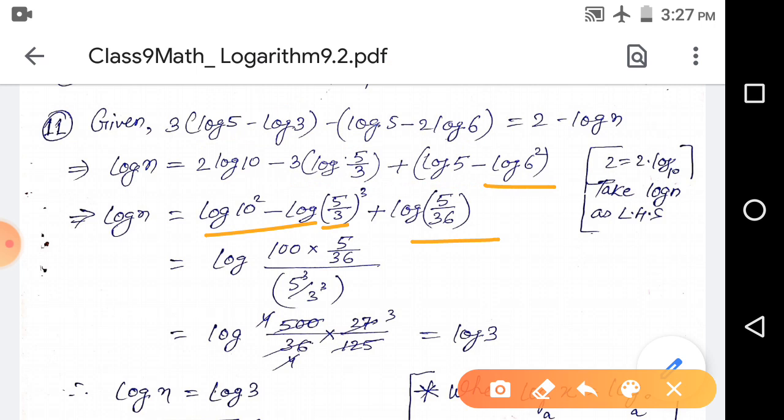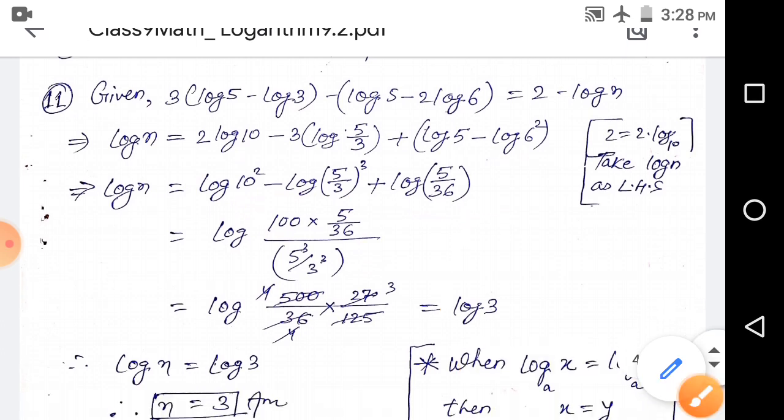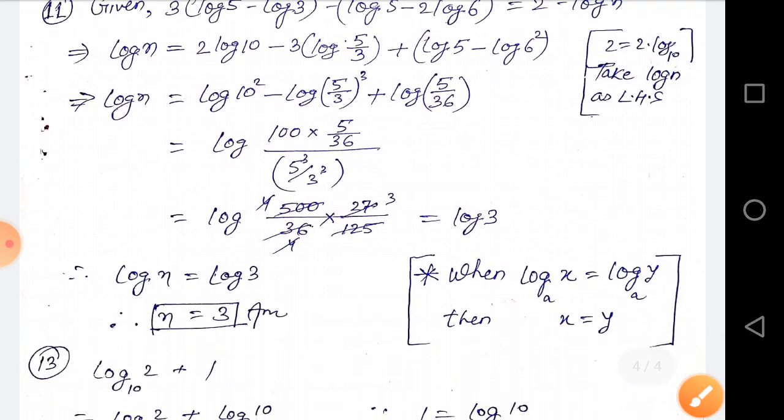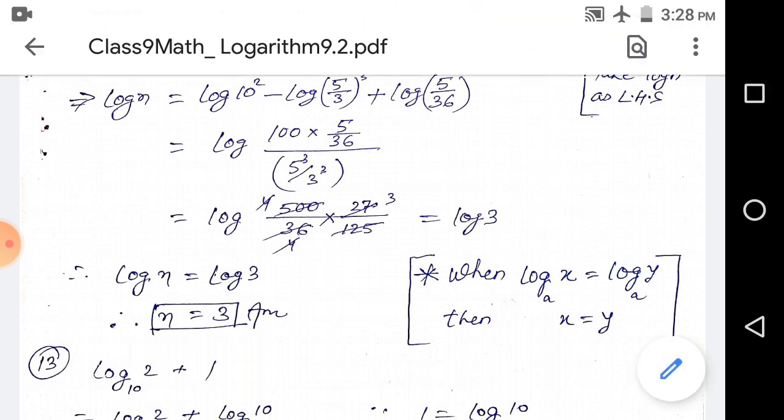Log 10 squared means 100, and this one is log 5 by 3, so 5 cubed by 3. It is with a minus sign, so it is taken as the denominator. Finally, after simple multiplication and division, we got log 3.